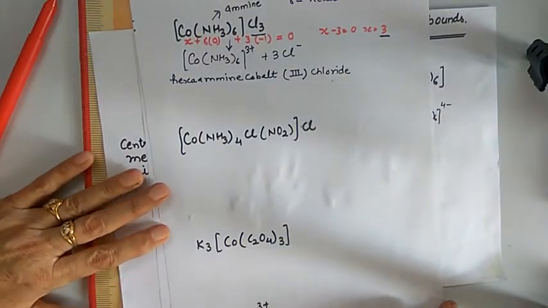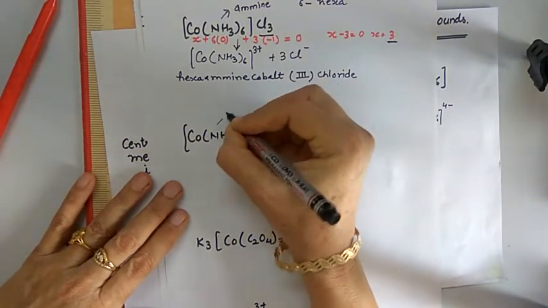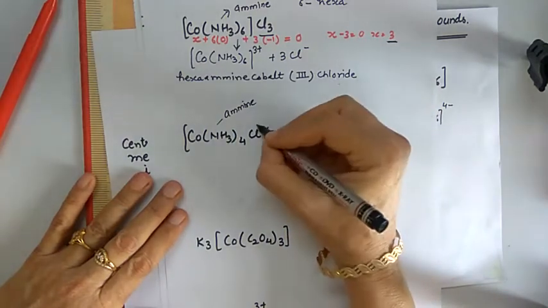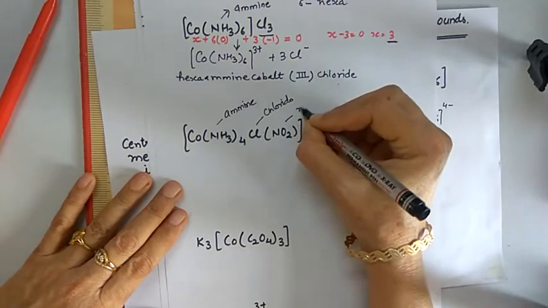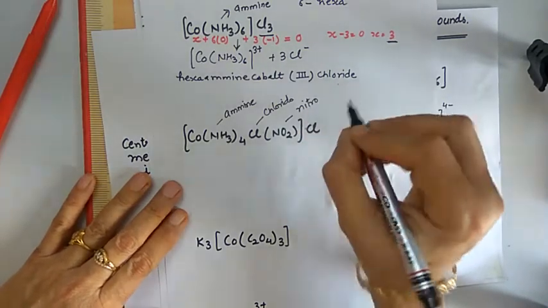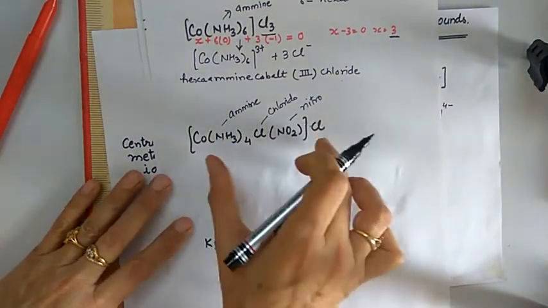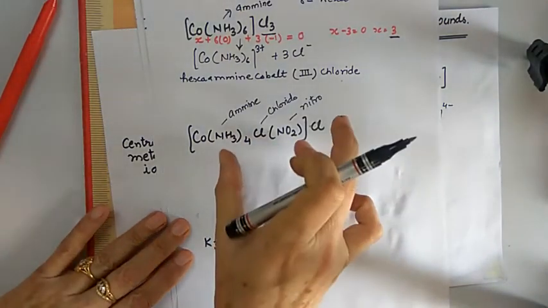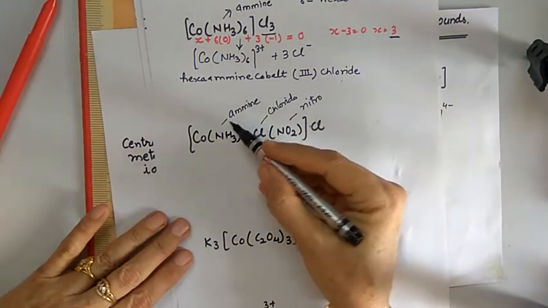Let us come to the next compound. See the ligands. This is amine, this is chlorido, this is nitro, or nitrito N we can write. So this is the positive part, and this is the negative part. We have to name the positive part first, and name the ligands in alphabetical order. So it will be amine, A comes first.